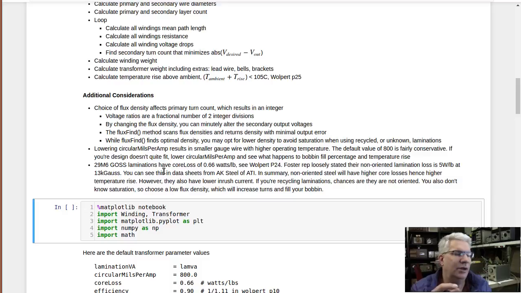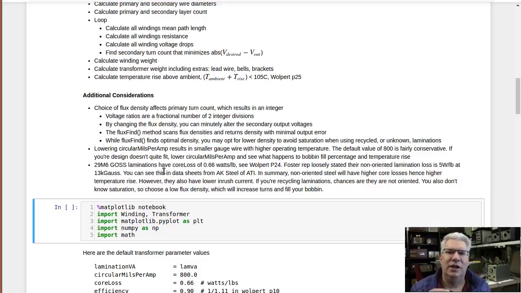You don't want your transformer to run 100 degrees above ambient, because your wires could get really warm and you could burn your transformer out. So they have a spec in here where most of these transformers will start at 800 circular mils per amp.